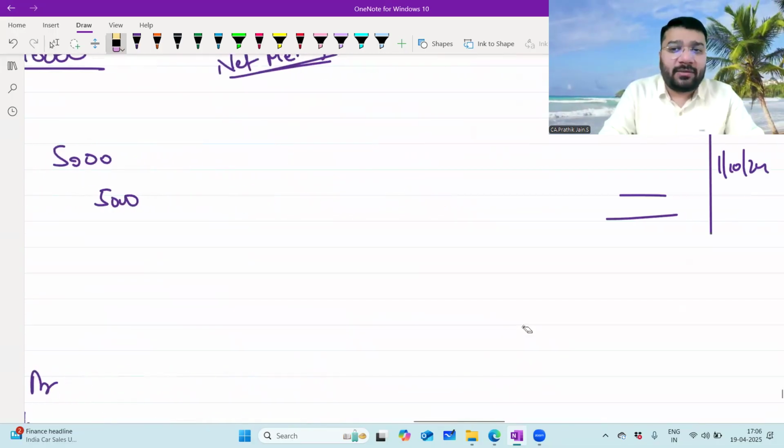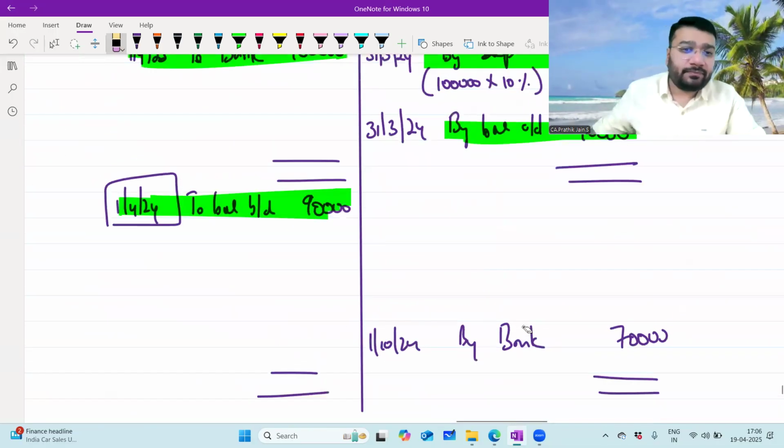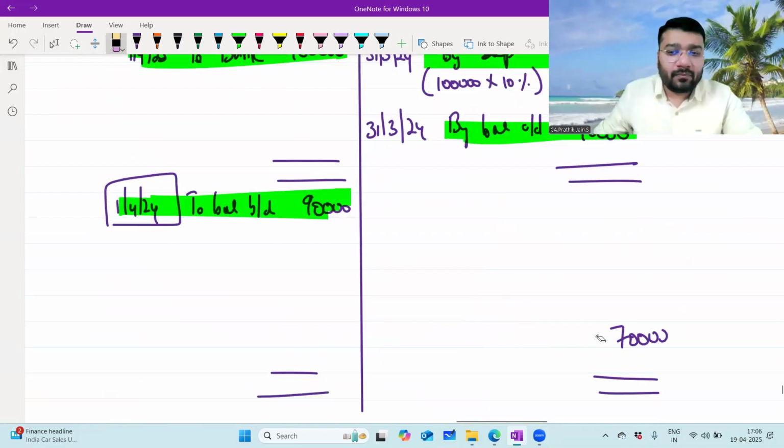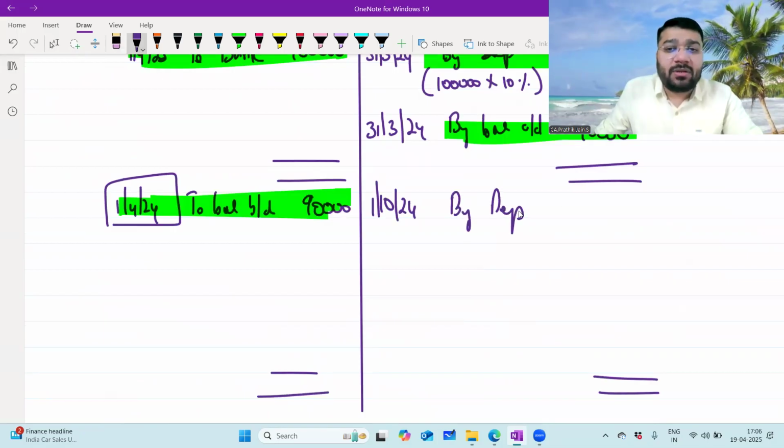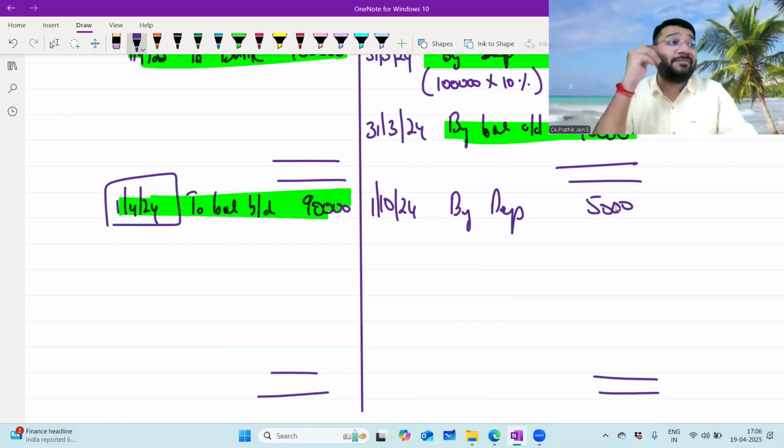Now post this in the ledger. On 1/10/24, please tell me what is the depreciation? By depreciation 5,000.